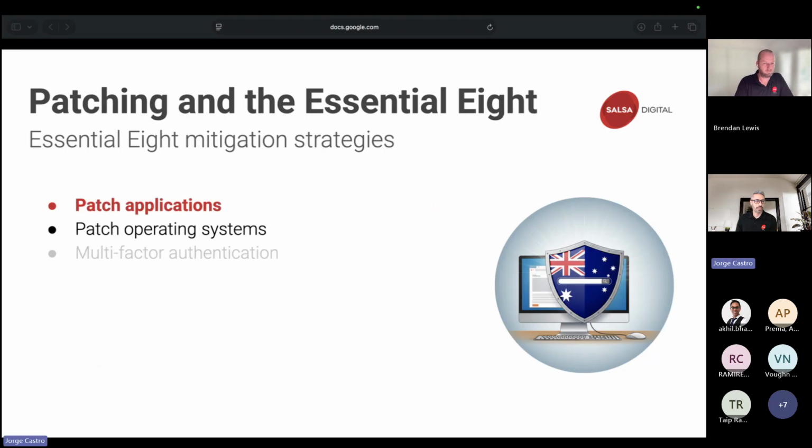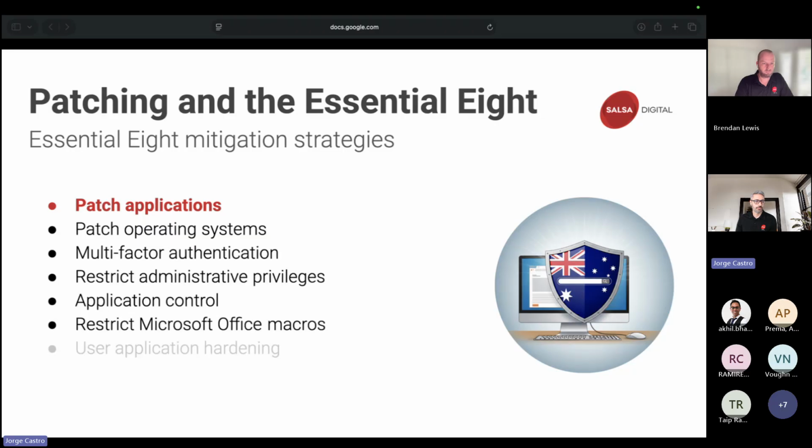So this is the list of mitigation strategies. We have 18 there. There are many other things that organizations should consider, which fall a little outside of this presentation today, but I just wanted to flash them up on the screen so you can see the scope of the Essential 8 and what it provides in terms of information and help to improve our cyber resilience.